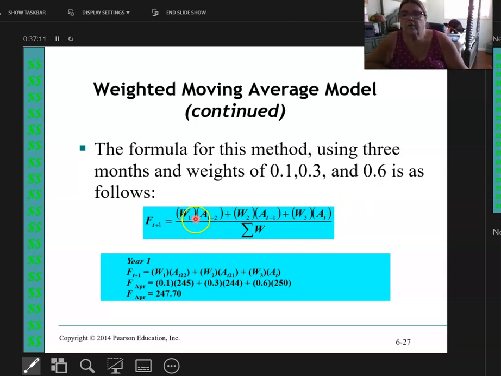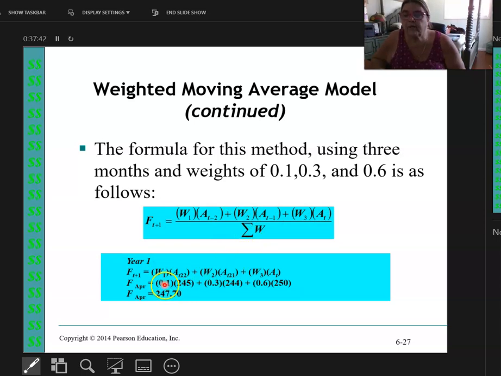Okay, so the weight of the first month times the actual of January, plus the weight of the second month times the actual of February, and so on, because we're in March doing it for April. Remember, forecasting for t plus 1, which is April. Then the weight for the third month times the actual for that month, divided by the sum of the weights.